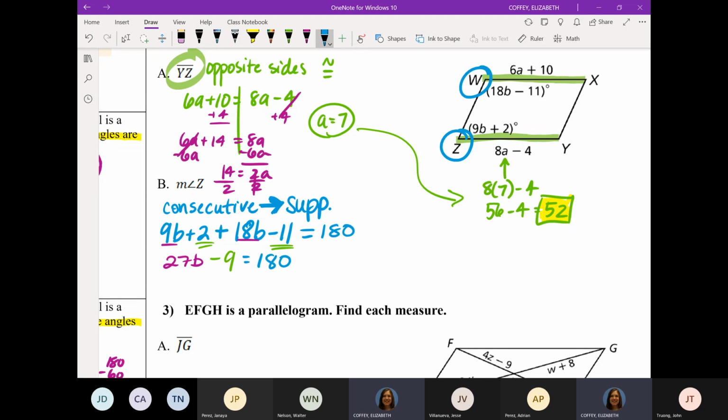Bring down your equal sign and your 180. And then now I want you guys to finish this. When you're finished, plug it in to find the measure of angle Z. I'll come around and check. Okay. Solve for B. Plug it in to find angle Z. Okay.